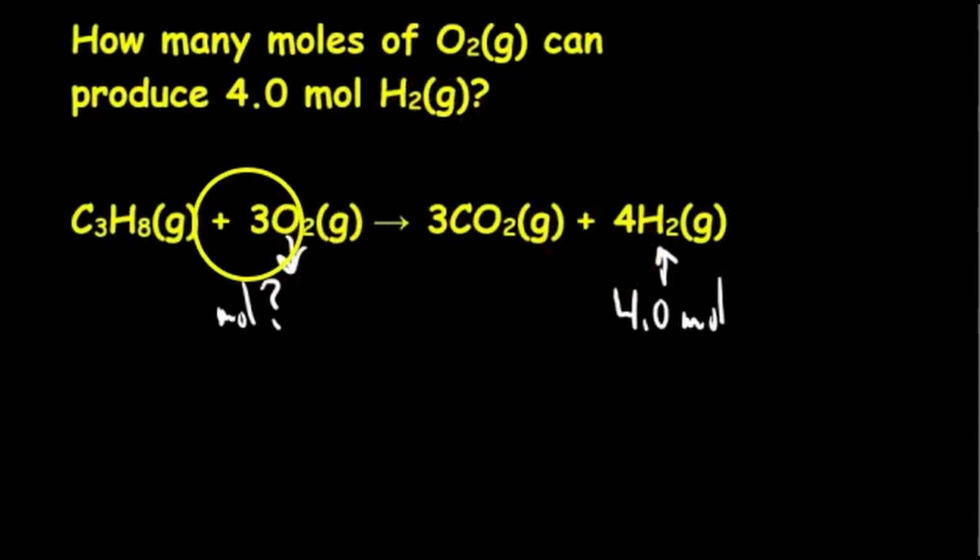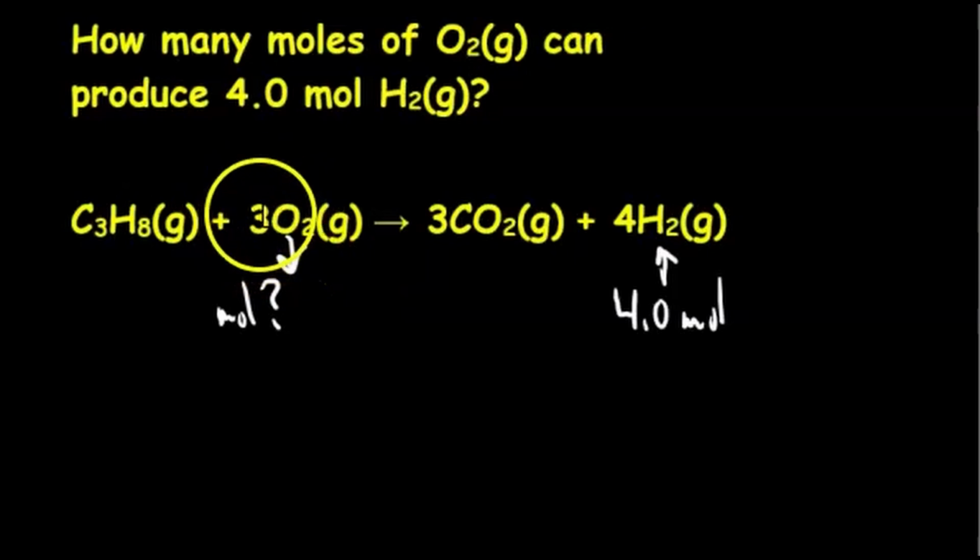Again, we have this 3 to 4 ratio. We don't know how many moles react, but for every 3 moles of O2 that react, we get 4 moles of H2. Say we only react half of this.